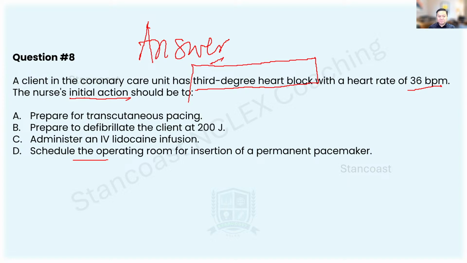Guys, the permanent pacemaker will be appropriate if the patient hasn't had the third-degree heart block like right now, right? So this is a life-threatening problem. The scheduling will take a while, okay? It will not immediately stabilize the patient, okay?